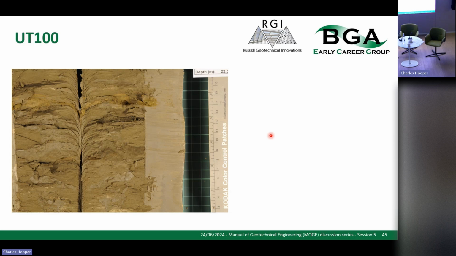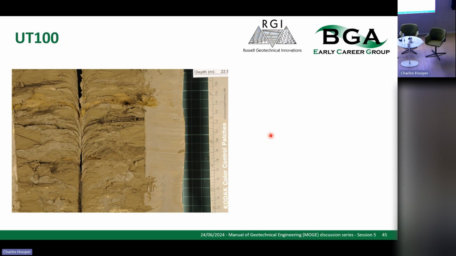Okay, back to the UT 100s. As they are pushed into the soil, you can see that this is actually a fissured material. This is a tested sample, and when we split samples, we always cut up to halfway through and then peel the sample open the rest of the way.